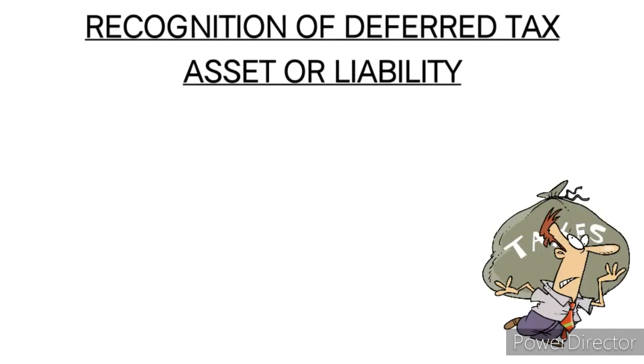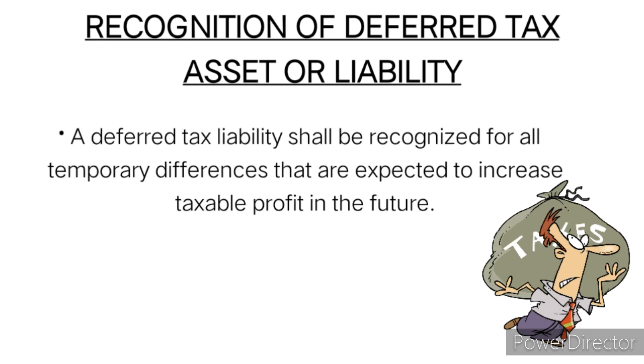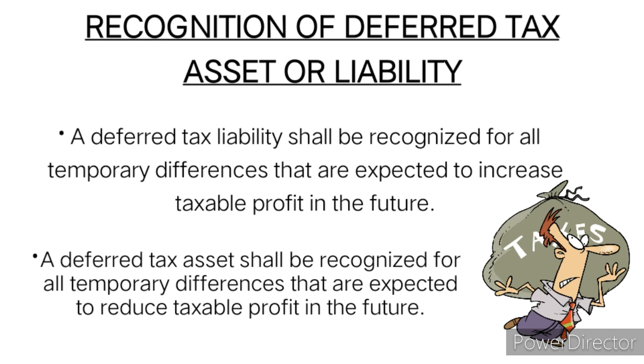Recognition of deferred asset or liability. To recognize either deferred asset or liability, it shall meet all the following. First, a deferred tax liability shall be recognized for all temporary differences that are expected to increase taxable profit in the future. Second, a deferred tax asset shall be recognized for all temporary differences that are expected to reduce taxable profit in the future.